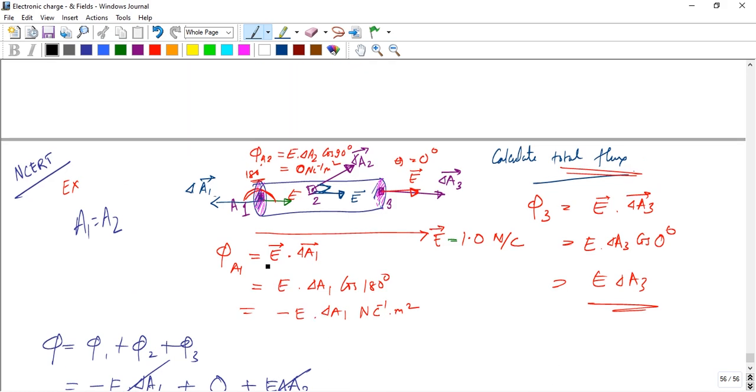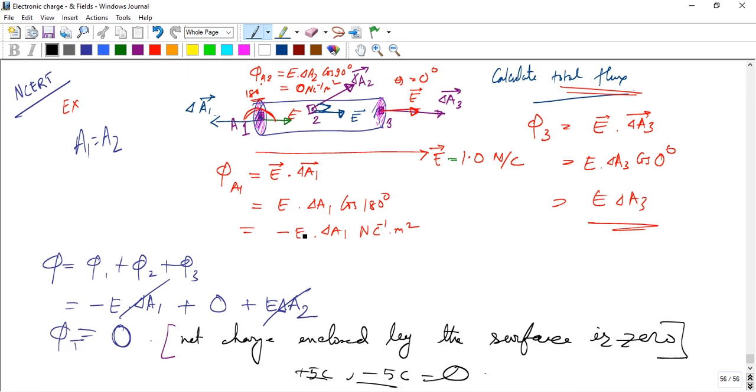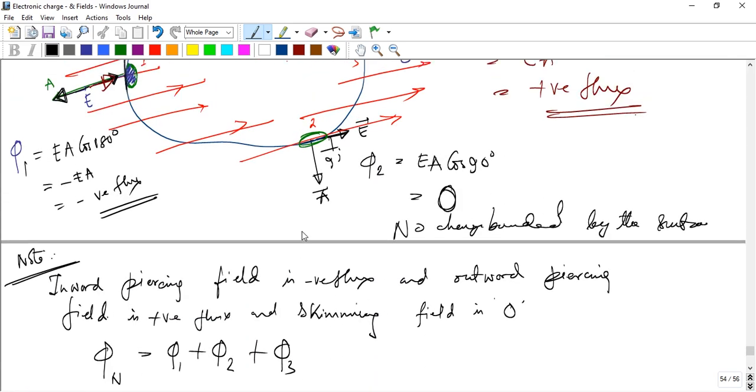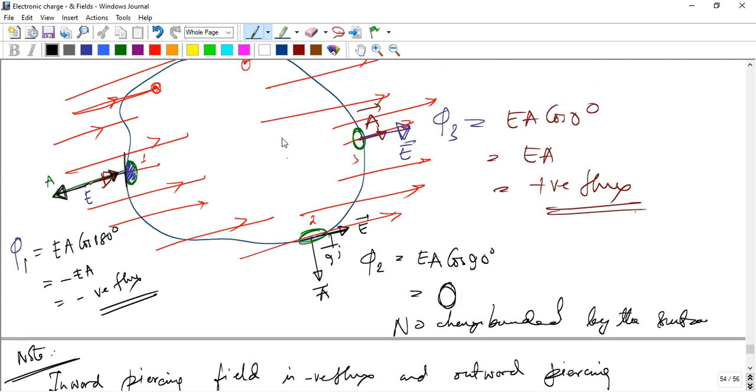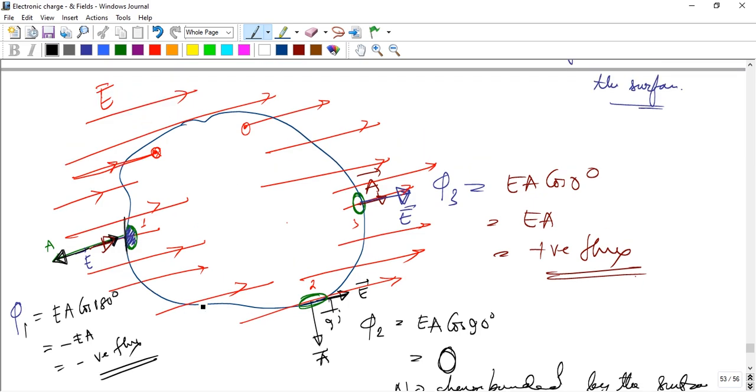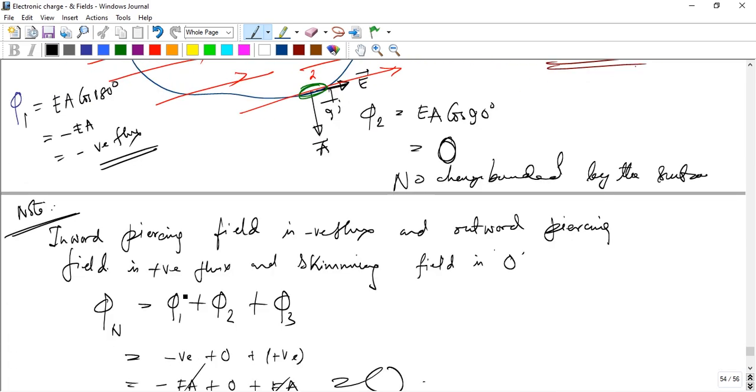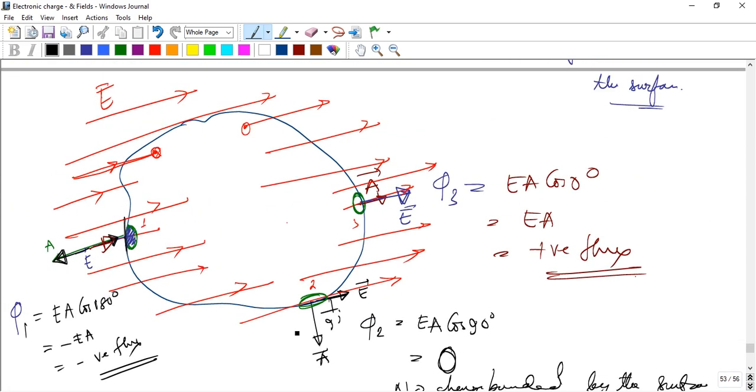If there is any charge inside that closed surface, but the net charge is 0, the flux is zero in that case. Here you see a similar condition, like the diagram in the previous class: total flux being 0 means no net charge is enclosed by that 3D object.